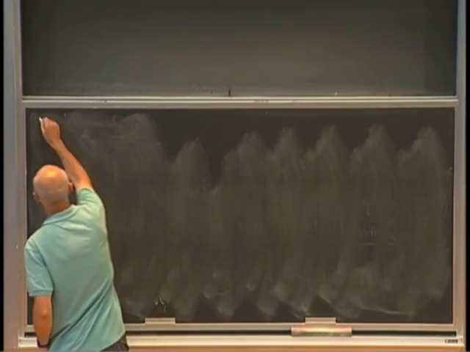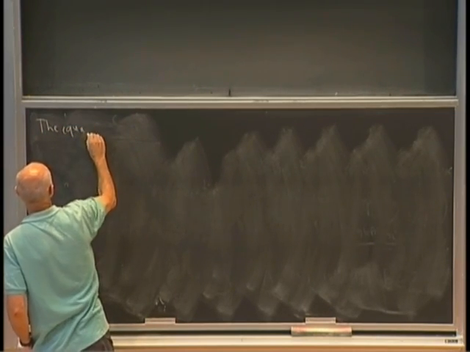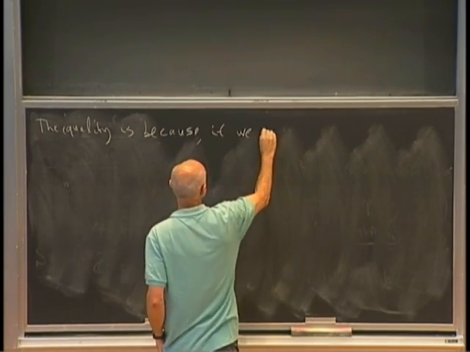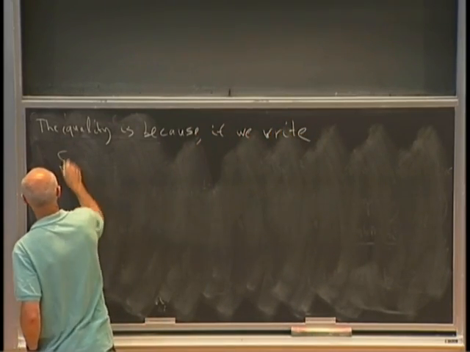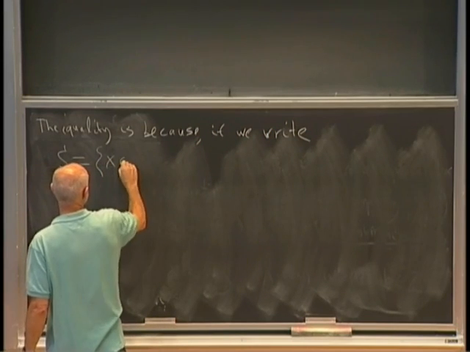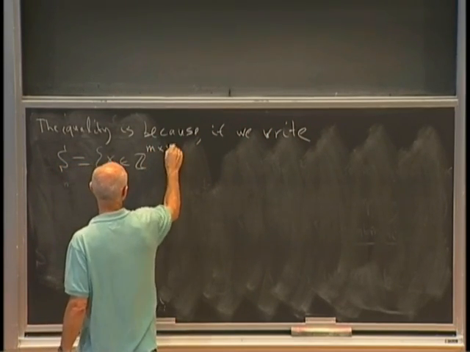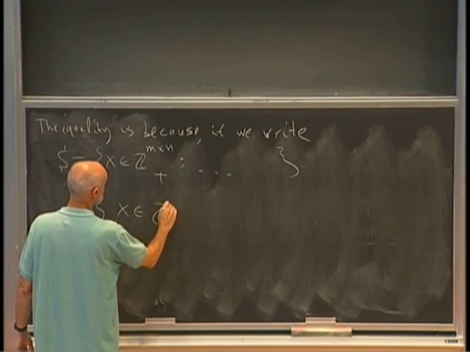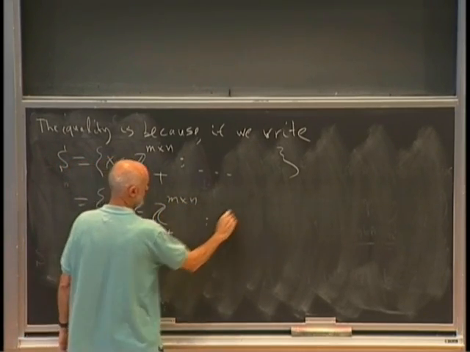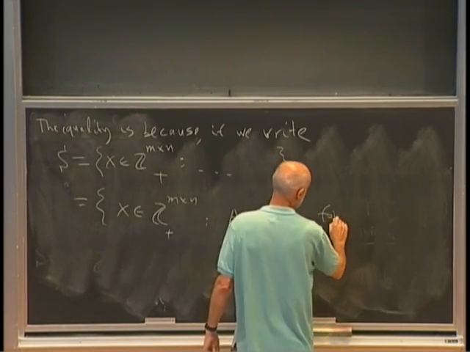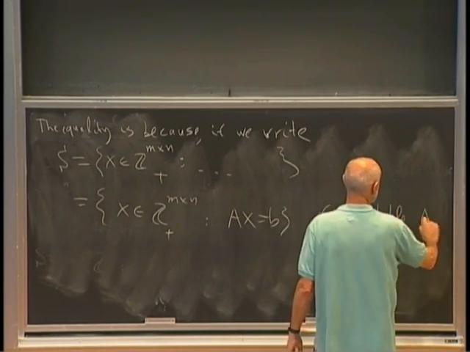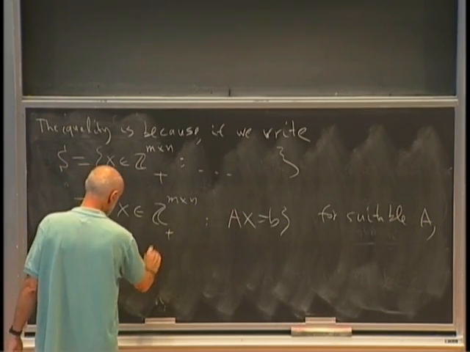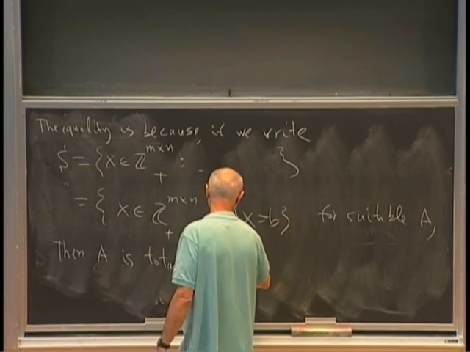So the reason for the equality is because if you write the same S there in our standard form using a matrix, then this matrix A, which defines the system, is so-called totally unimodular.